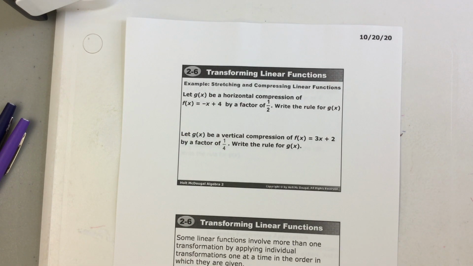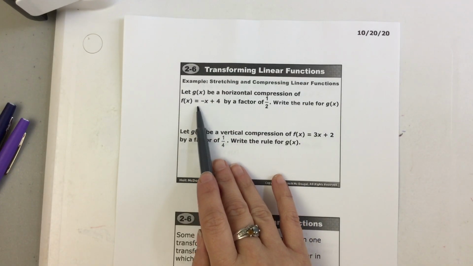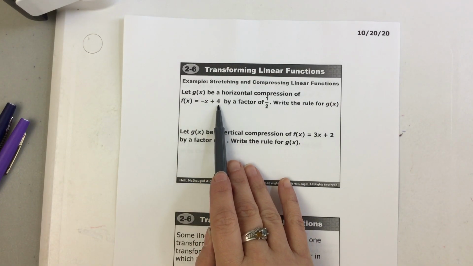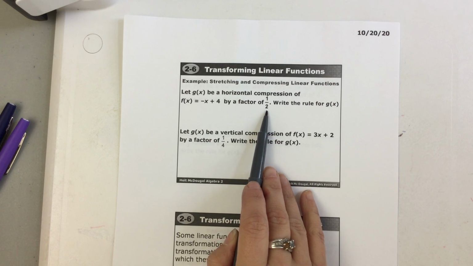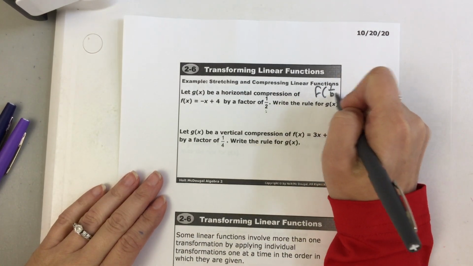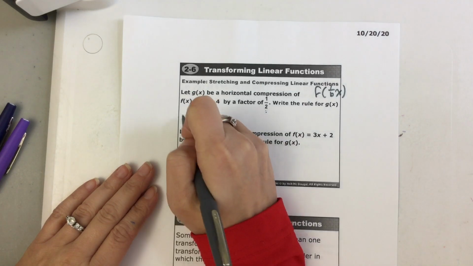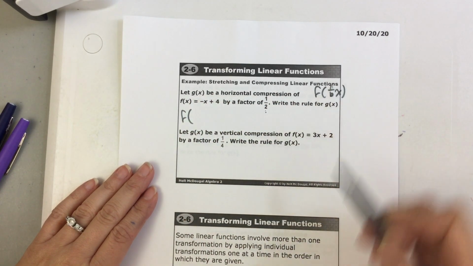Okay, let g of x be a horizontal compression of f of x equals negative x plus 4 by a factor of 1/2. So it's a compression because the factor is 1/2, that is less than 1. Horizontal, the rule is f of 1 over b times x. So here, this means take the reciprocal of the scale factor.